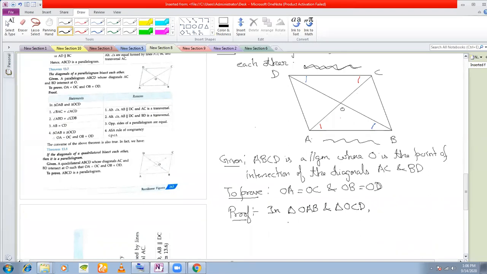Okay, we say AB is equal to DC because opposite sides of a parallelogram are equal.